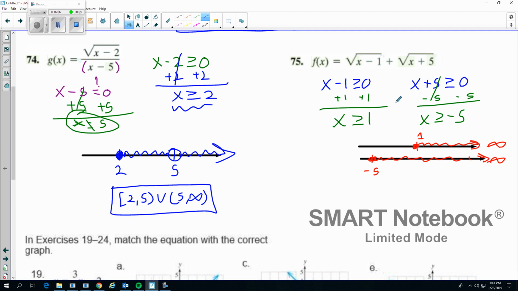So we're going to end up taking the top one, from 1 to infinity. Because if I go with -5 to infinity, I'm going to be taking values that would cause some issues, where I would get square roots of negative values, and we don't want that to happen.